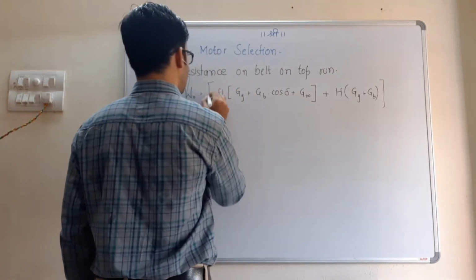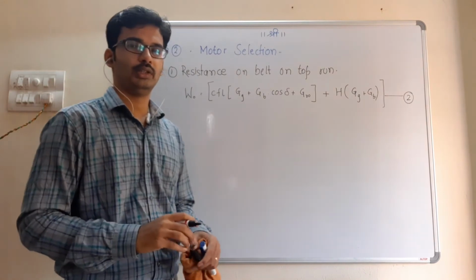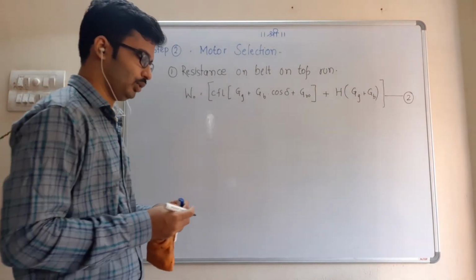We will consider this as equation number 2. The first equation was B mean, so this is the second equation, W0.